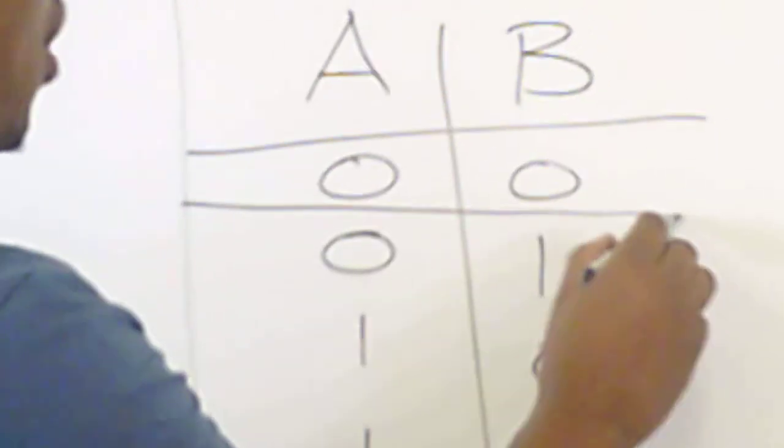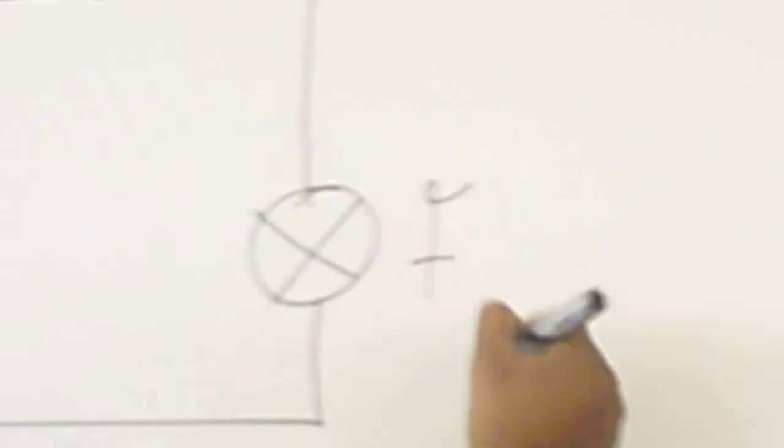The third one will be 1, 0, and the last one will be a 1, 1. This means off, off, off, closed, closed, off, closed, closed. I'm controlling the light, F.